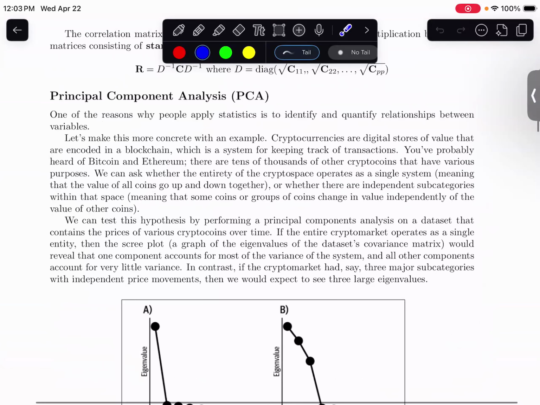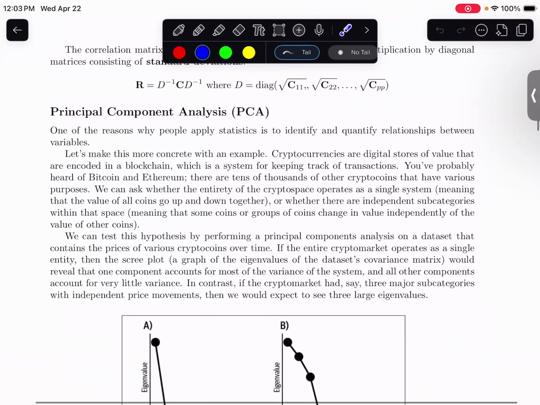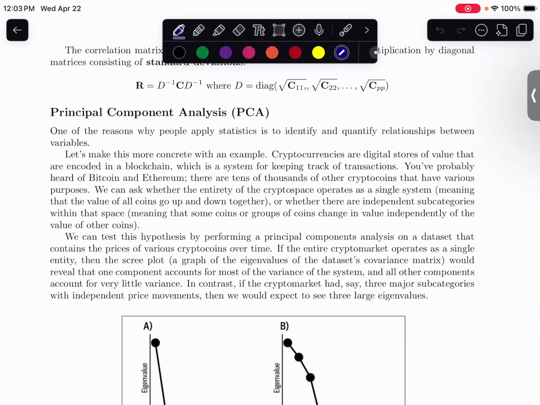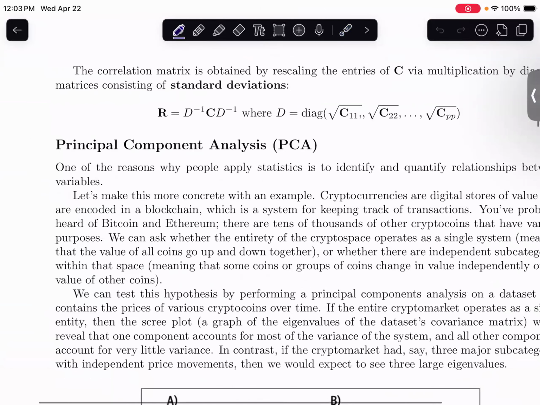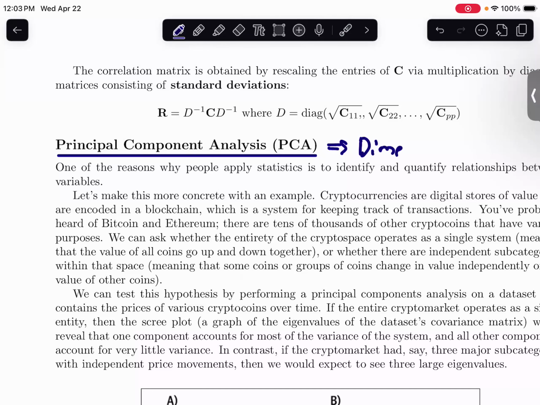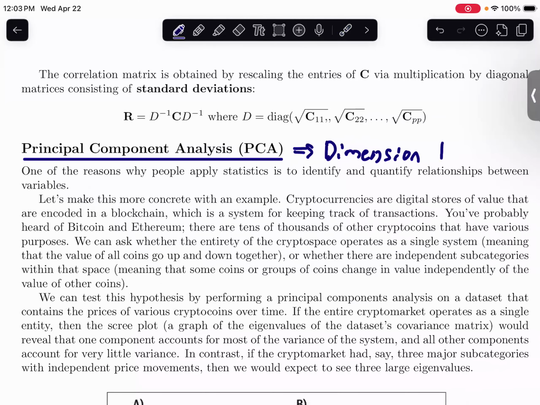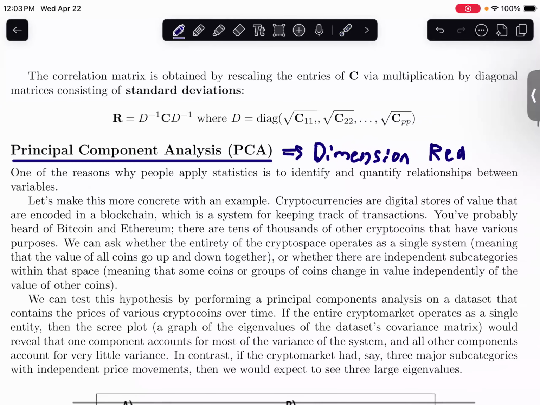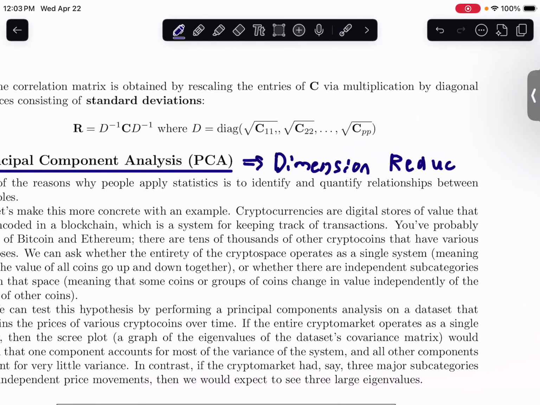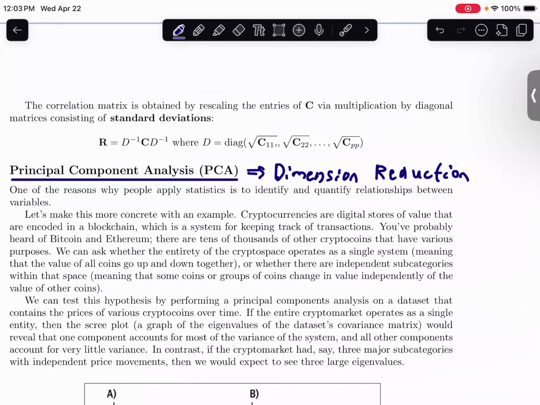I talked a little bit about what principal component analysis does, what the big idea is. Another way of thinking about principal component analysis that I didn't say already is that this is one of the strongest techniques that people use when doing dimension reduction. That's the name of the game with principal component analysis: dimension reduction, as we'll see in a couple of examples here.